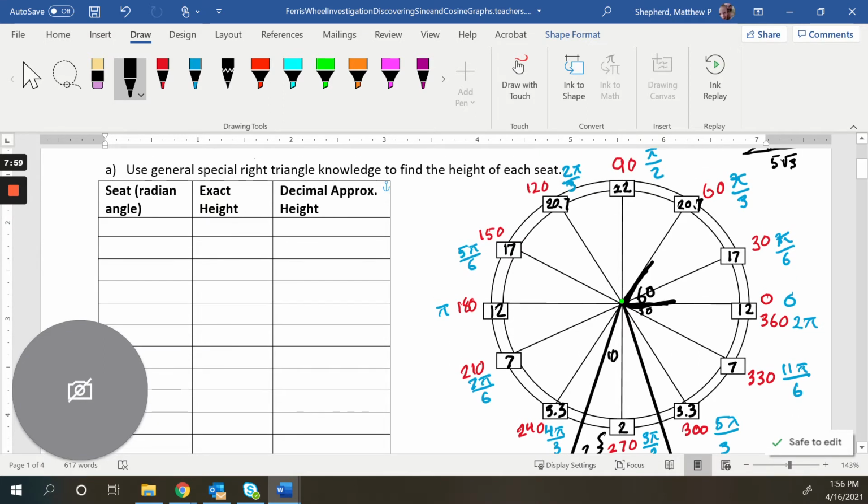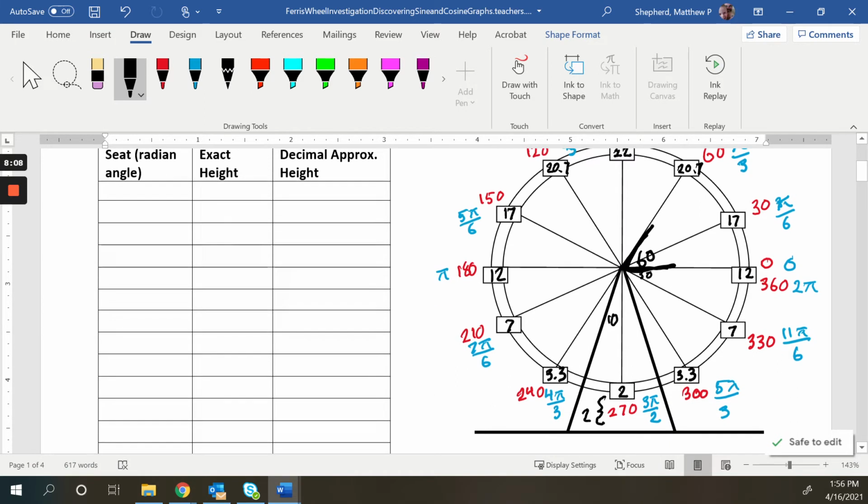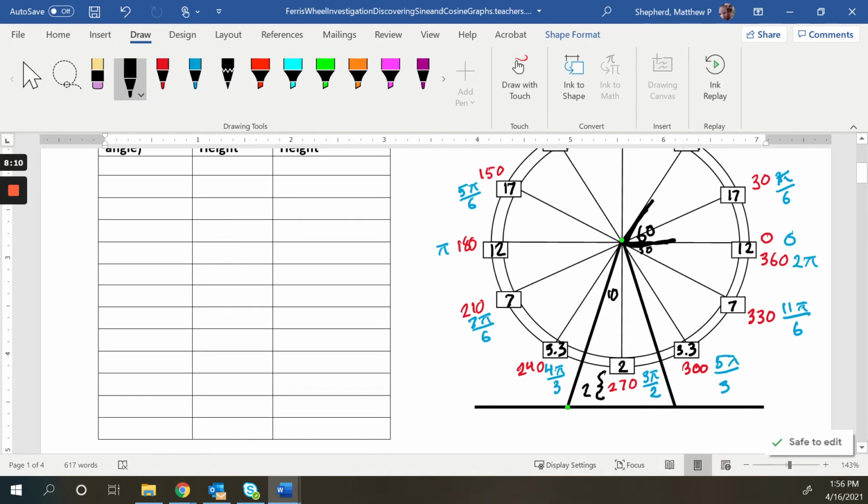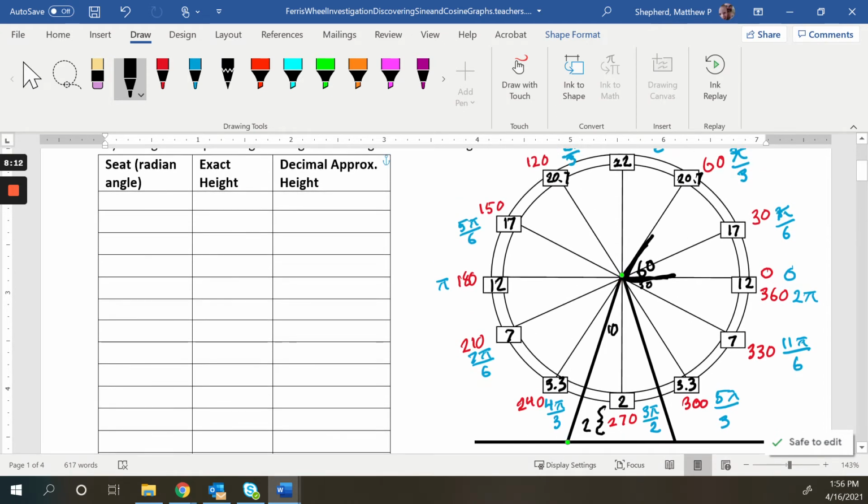Okay, all right, so I figured out those numbers. Let's go ahead and get those put into this table. So first we need to start filling in those radian numbers for the seat.